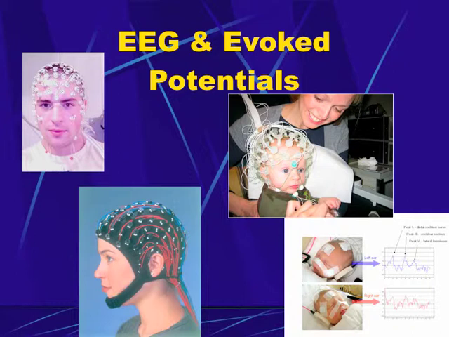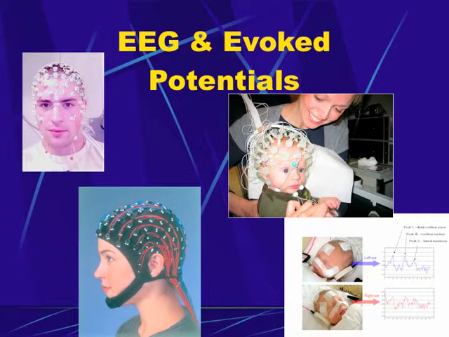The reason I'm showing you the little babies on the far right, besides the fact that I just love babies, is that most of the time when we're doing evoked potentials for brain flow, we're looking at hearing and vision. So in patients that can't do testing for us, like these little babies, we can evoke some activity.